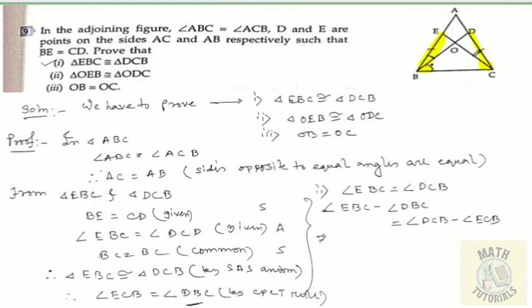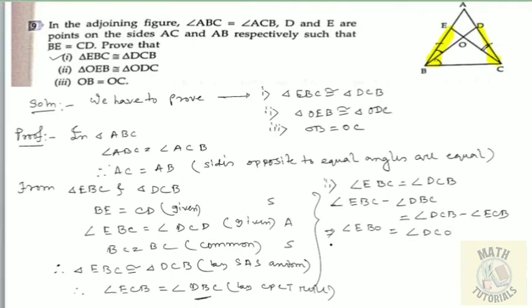If we subtract these angles, then we get angle EBO is equal to angle DCO. Now in triangle OEB and triangle ODC, angle EBO is equal to angle DCO, just proved.